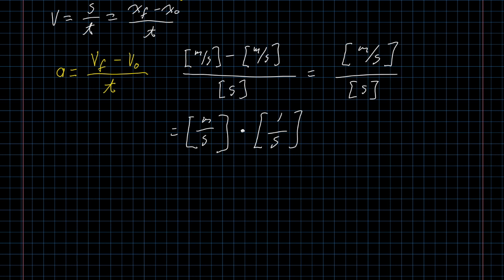Well, dividing by something is the same thing as multiplying by the reciprocal, so it would be meters per second times 1 over second, which gives me the units of meters per second squared, or meters per square second. Those are kind of strange units. They're not ones that you encounter much in everyday life, but those are the units for acceleration.